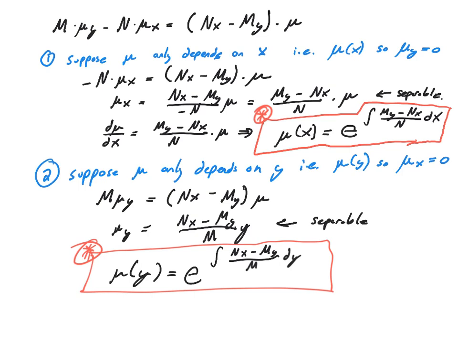Now these two aren't really that difficult to memorize because if you think about it, remember when you check to see if something is exact, you take the partial derivative with respect to y to see what happens. So you start with m, and then over here on the top you have m sub y, and then of course you have the other term n sub x in front. I always forget all these little sayings because students always email me new things all the time.